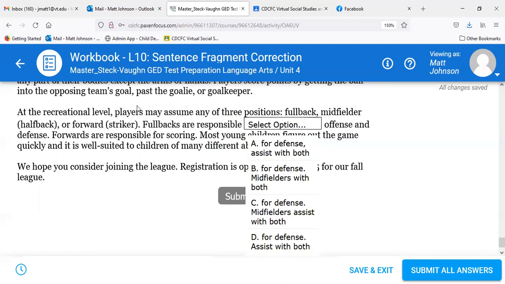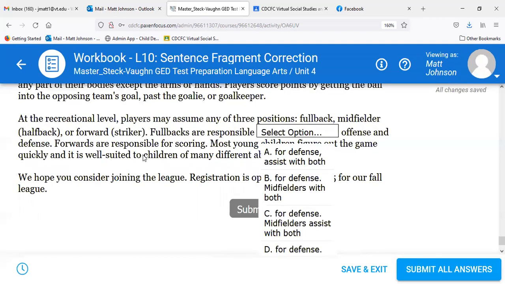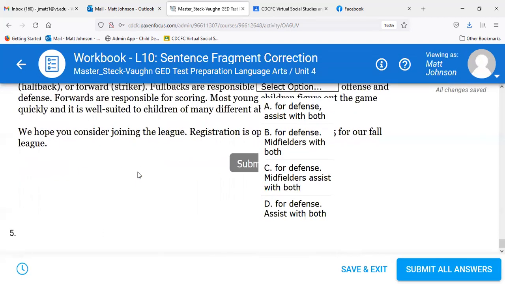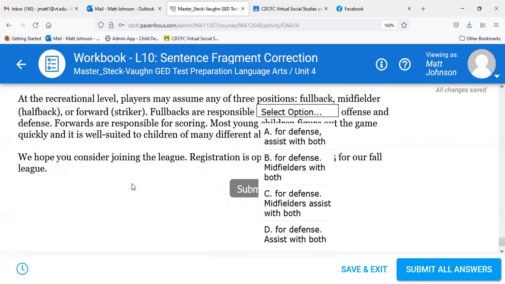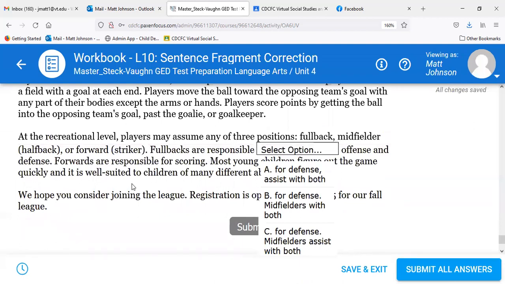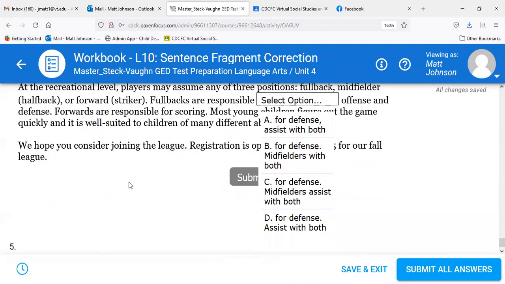Fullbacks are responsible for defense. I think the answer is B. B. Let's see here.